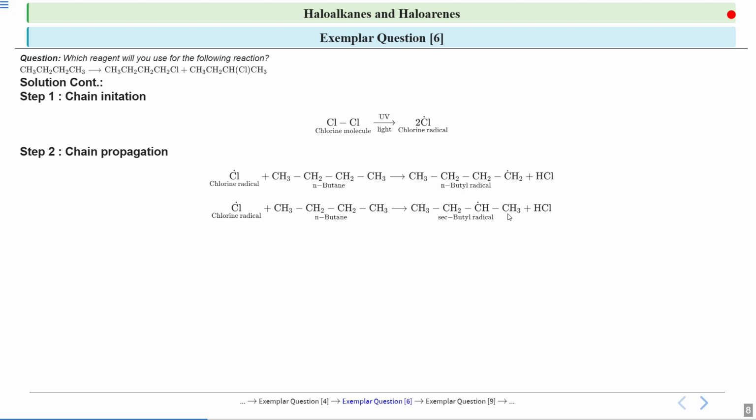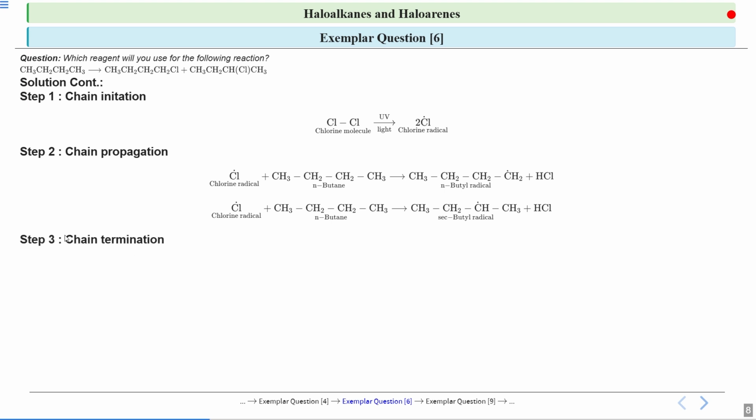You will get a secondary butyl radical after the elimination of the secondary hydrogen from the butane. This step also includes the side product HCl formation. So this is how you are getting the n-butyl radical and the secondary butyl radical for this chain propagation.